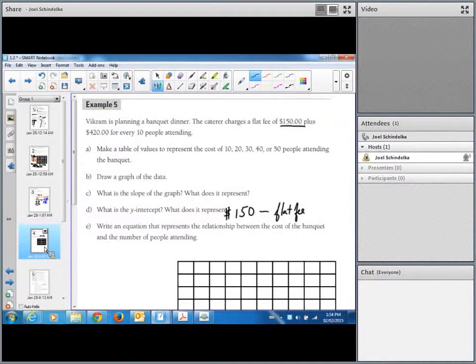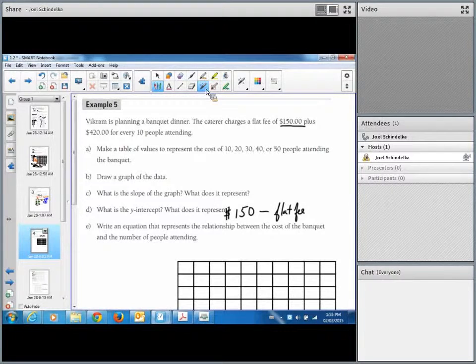What's the slope of the graph and what does it represent? Now we've got to do a little bit of math in our head, but not a lot. For every 10 people, it goes up by 420. So for one person, how much does it go up by? Help me out here. How much per person is? 42, right?